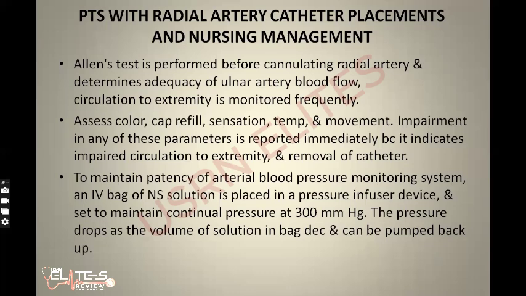After releasing the hand, it takes a very long time for the palm to resume its redness. Then it means there's an issue with the radial supply over that part, and you can't use that. So you'll have to choose the other arm.